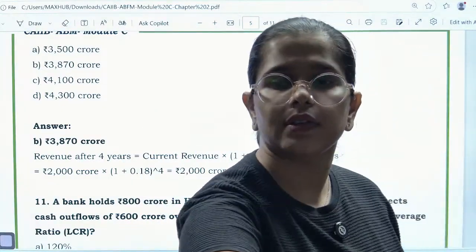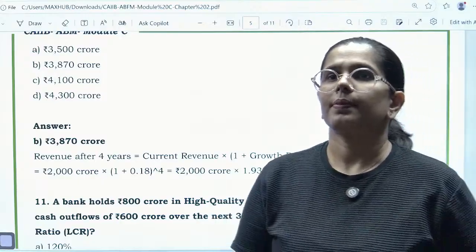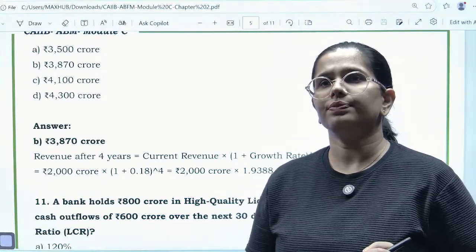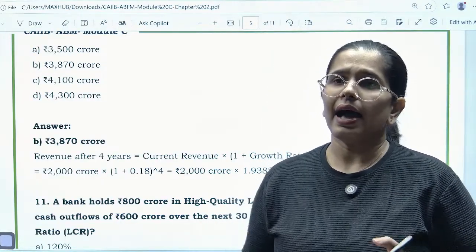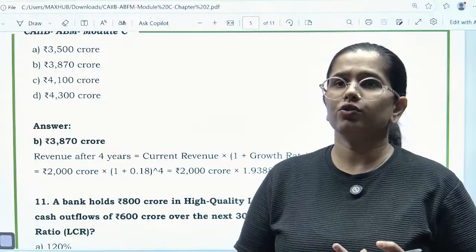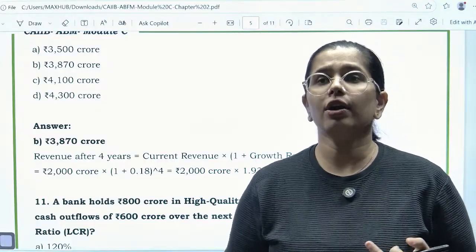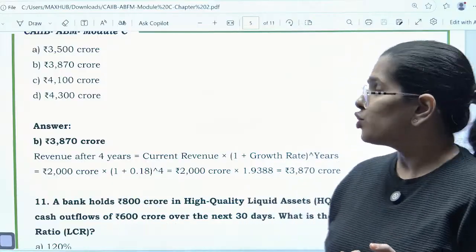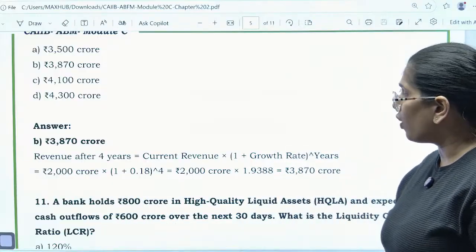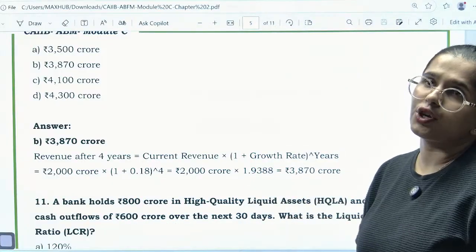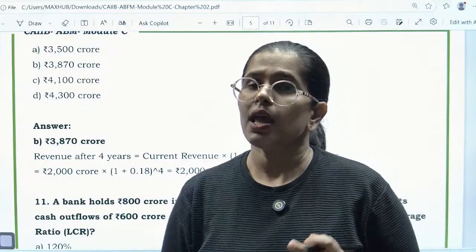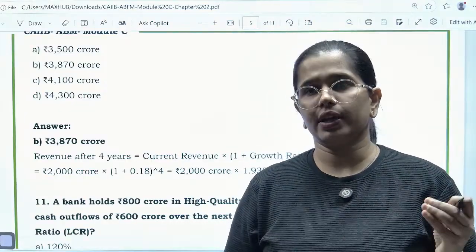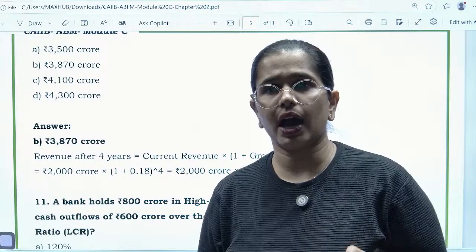So in this particular situation, I will be able to find out my growth, 2,000 crore multiplied by your growth, which is compounding over the years. So 1.18 to the power 4, I'll get this value, and this is going to provide me what my revenue is going to be after 4 years. 4 साल बाद में मेरा revenue क्या होगा?